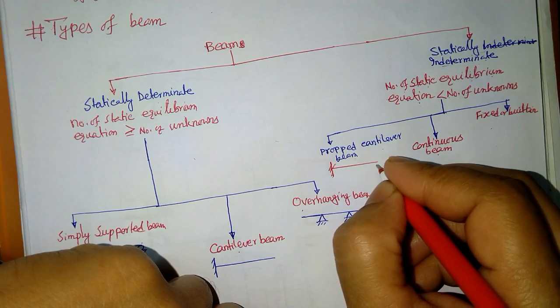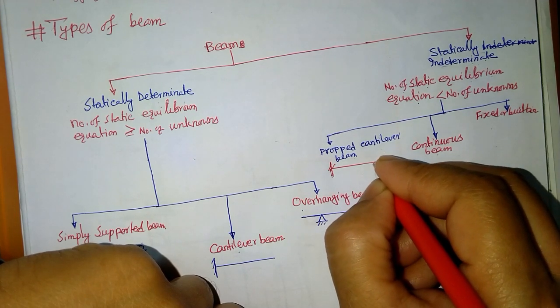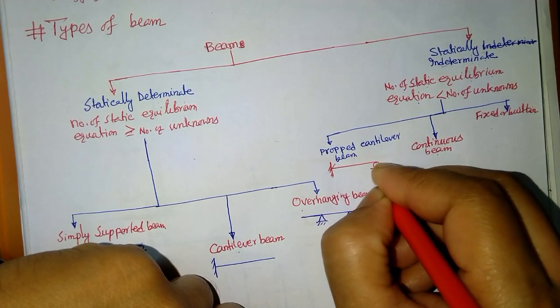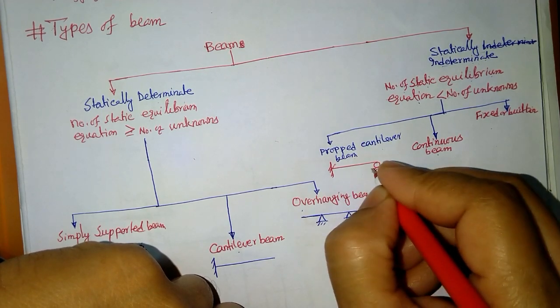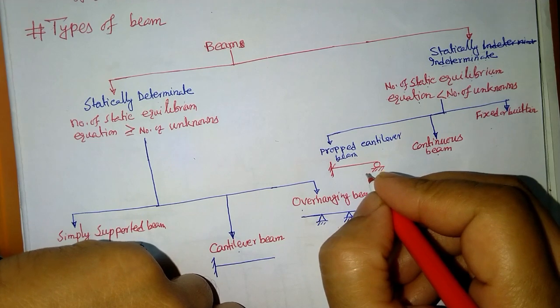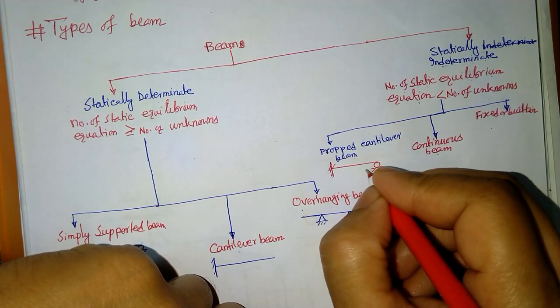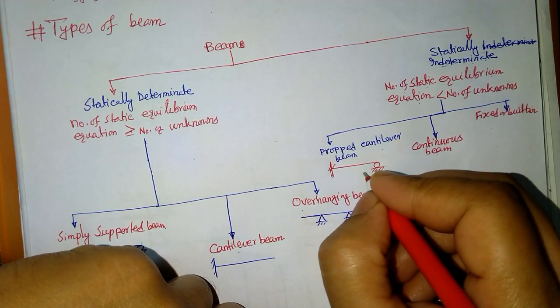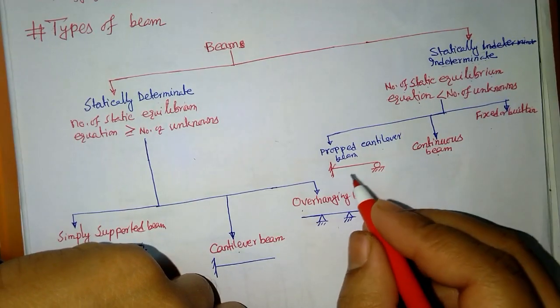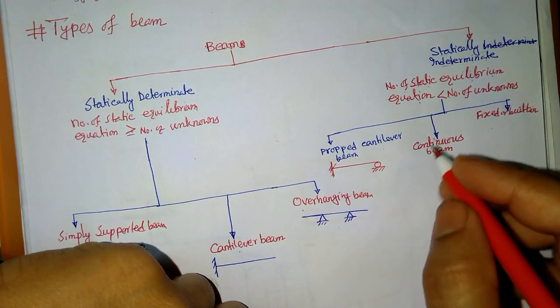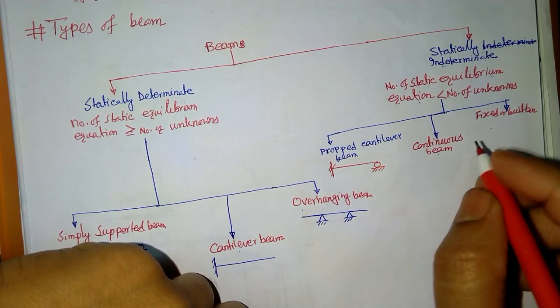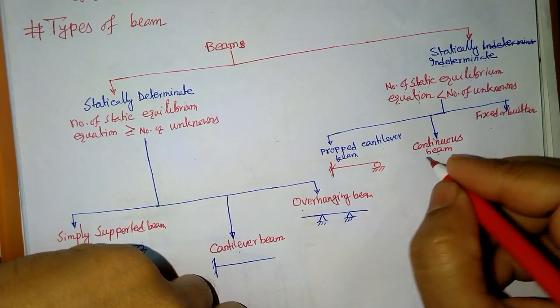If at the free end of a cantilever beam we put any kind of support, then it is known as a propped cantilever beam. Cantilever with a support at the free end is known as a propped cantilever beam. Then we have the continuous beam.